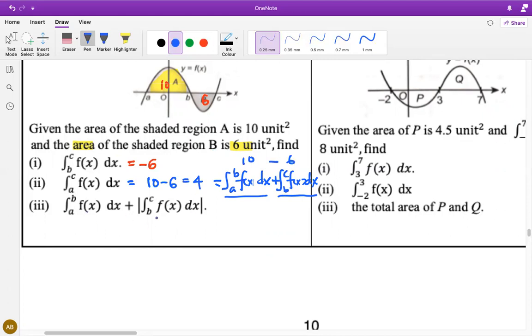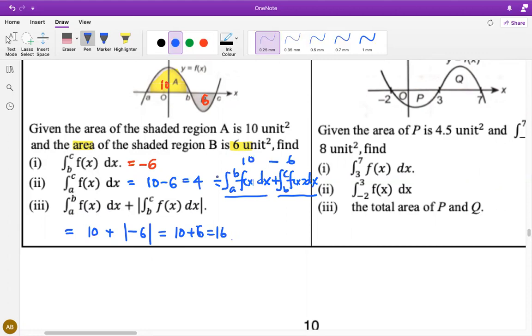So if you take the modulus, A to B is 10, then you plus modulus -6. All right, then you get 10 plus 6 equals to 16. So you have to differentiate between the value of area and the value of integration.